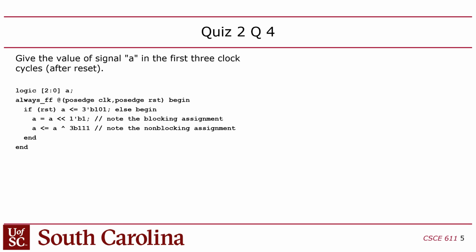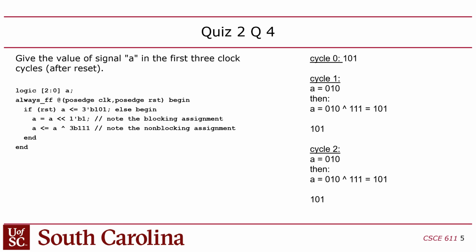Okay, so question 4 was very similar to the last one. Give the value of signal A in the first 3 clock cycles after reset. So again, when we reset, if reset, A gets 1, 0, 1. In the next cycle, now this one's a little strange because we're mixing together blocking and non-blocking assignments.